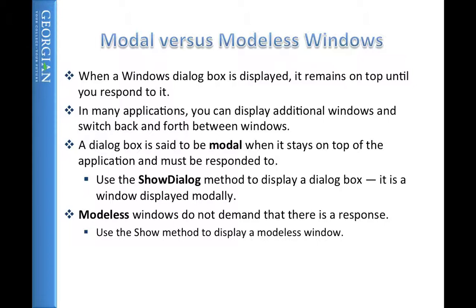You can't continue with your code unless this modal window gets some kind of response, a button or an escape key. Modeless forms allow you to continue. They don't demand a response, and they sit there. For example, a floating properties window would be a modeless window that pops up, and it doesn't disrupt the current form that you're working on.